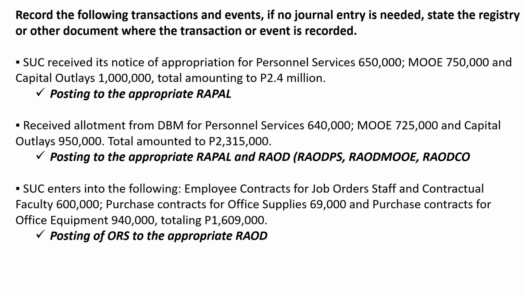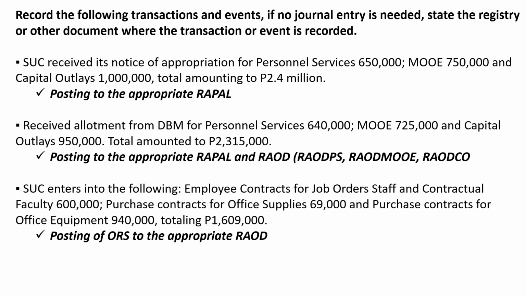Okay, so next transaction, SUC enters into the following: employee contracts for job orders, staff and contractual faculty, $600,000, purchase contracts for office supplies, $69,000, and purchase contracts for office equipment, $940,000, totaling $1,609,000.